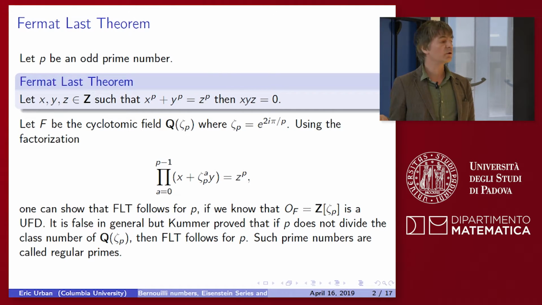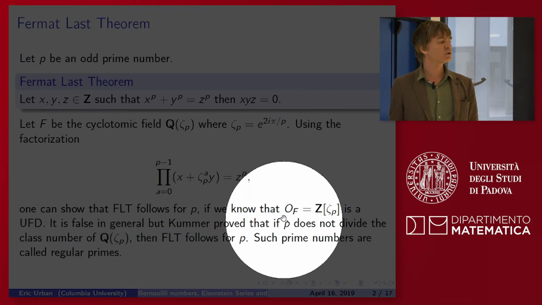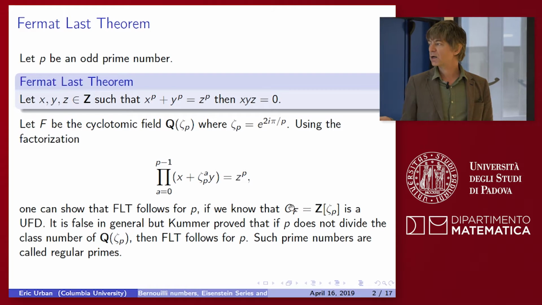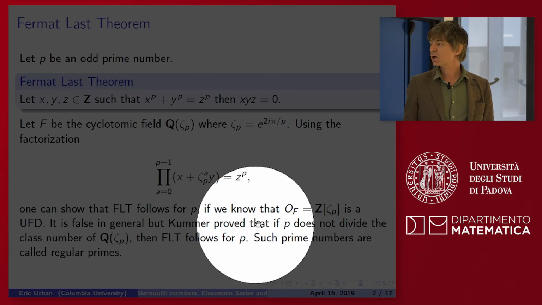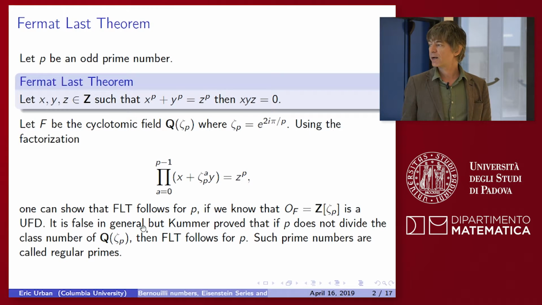But Kummer could somehow save that proof under a certain condition, that the class number of this ring, something I'm going to define later, has an order which is prime to p. Such a prime is called a regular prime. And so Kummer proved that if p is a regular prime, then Fermat's last theorem is true for this prime number p.